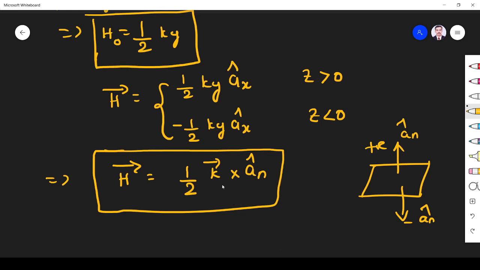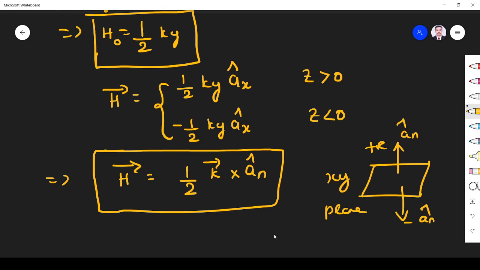So this is the magnetic field produced by an infinite current sheet. Here we have kept the sheet in the xy plane, and found the magnetic field above the sheet and below the sheet. For this problem, the answer is like this. Similarly, you can keep your sheet in the yz plane and derive the equation for this. So if we do all the things in general, we can write K cross an cap.